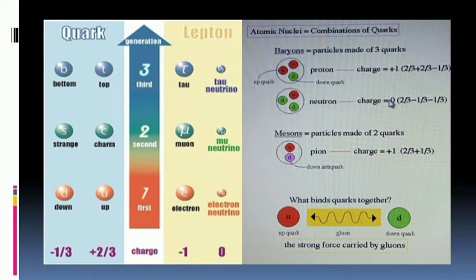Similarly, a neutron again has 3 quarks, 2 down quarks and 1 up quark, so overall the charge is 0. The particles which are made up of 3 quarks are baryons, and the particles which are made up of 2 quarks are mesons.